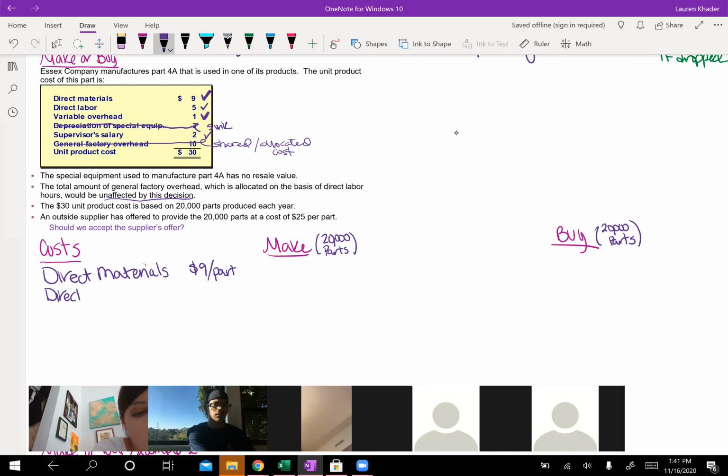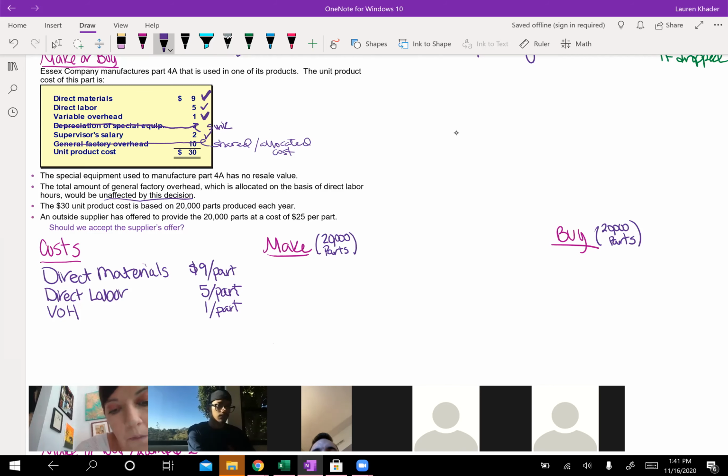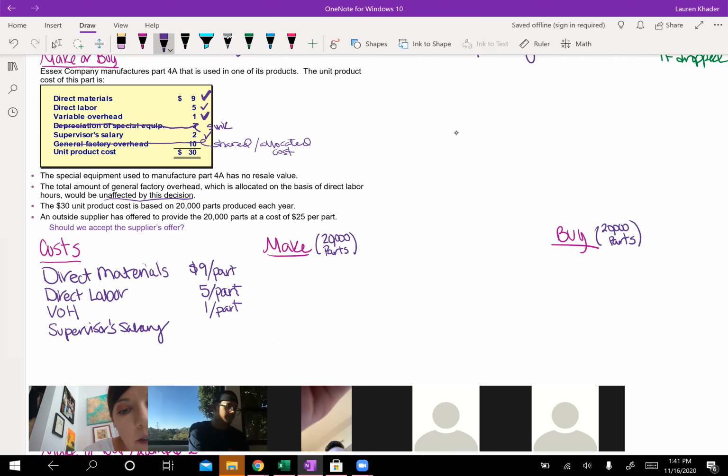We incur it if we make the part in-house, but not if we buy it. $5 per part. Variable overhead is relevant, $1 per part. Notice those variable costs are relevant unless stated otherwise. Supervisor's salary. We need him if we are creating the part in-house. If we're not creating the part, then his job would be eliminated.